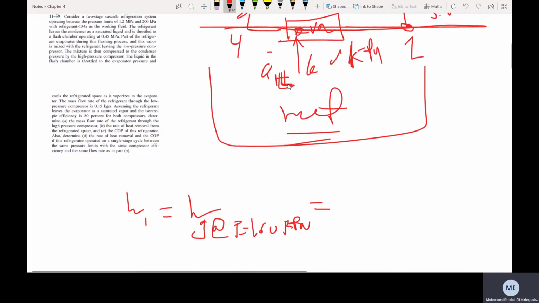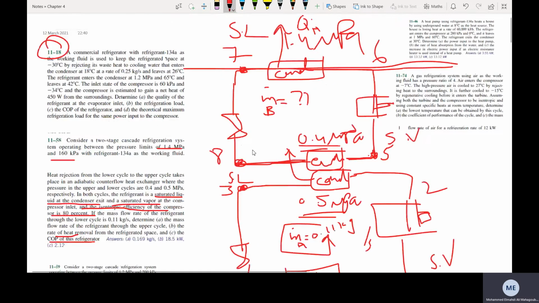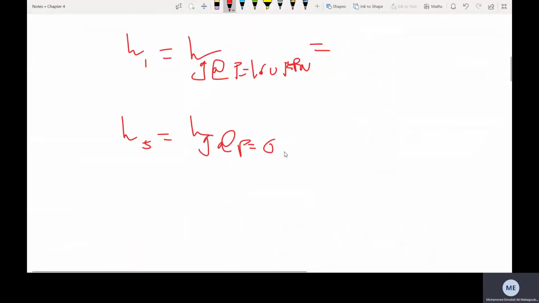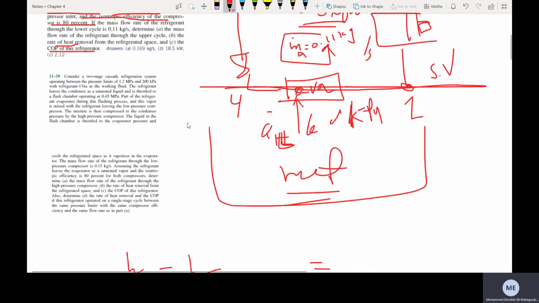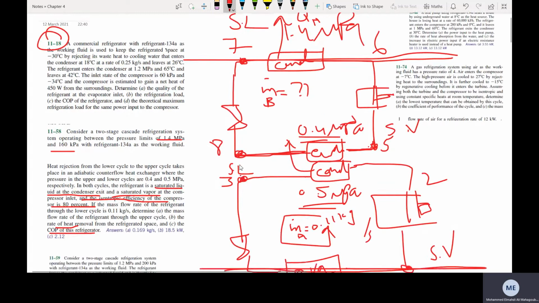Also H5 I can find directly, which is Hg at a pressure of, remember the upper pressure, don't be fooled, 0.4 megapascals. And I also have H3 and H7.